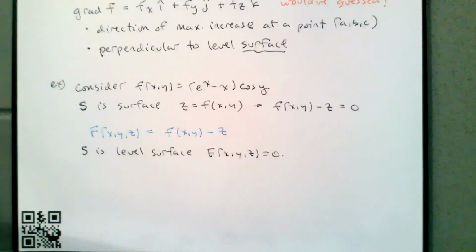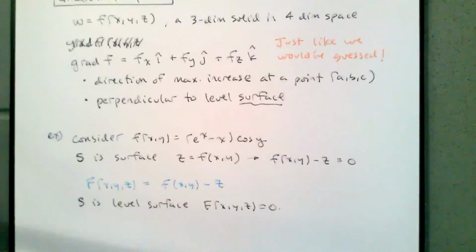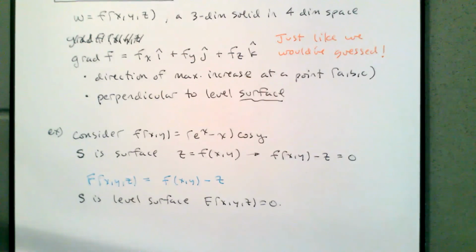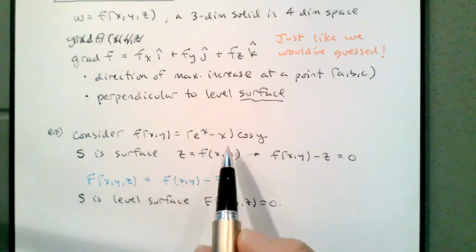Any questions? All right, this is not the complete solution to the problem, but I did just talk about gradients in space. And you might wonder, how come we're talking about gradients in space and then you drop this function of 2 variables on us?